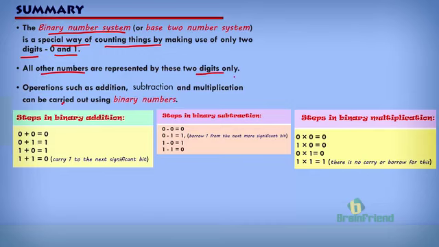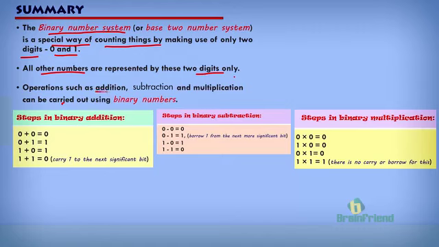Just as a piece of information, the binary number system is very important. You might be asking, why do we need to learn about this? In the computer world, the binary number system is what makes our computer interactive. It is how calculations and things are programmed in the computer system. So that's one important reason why you need to know the binary number system.